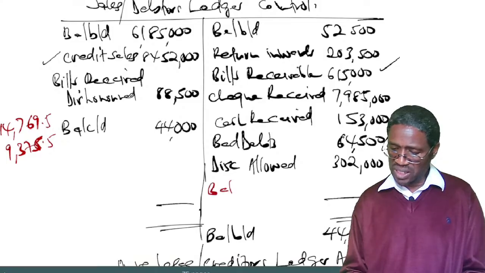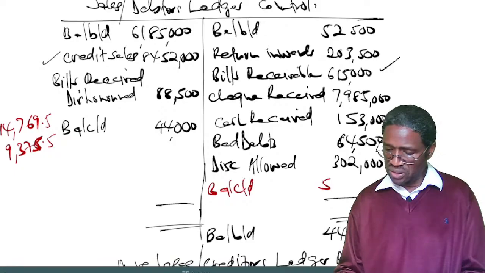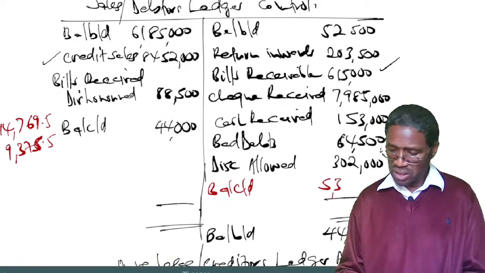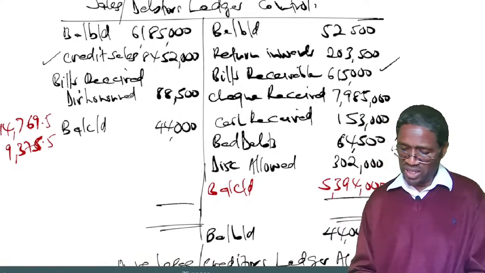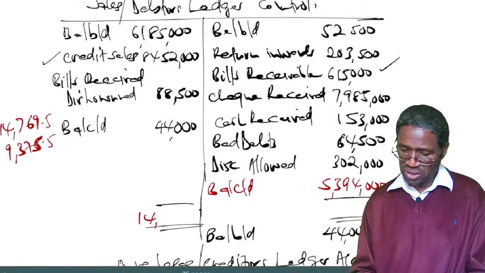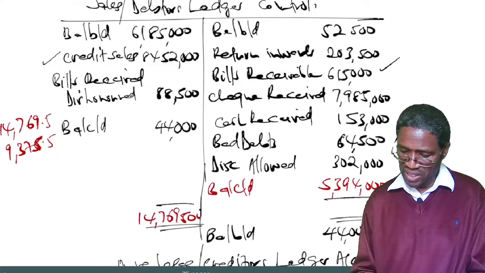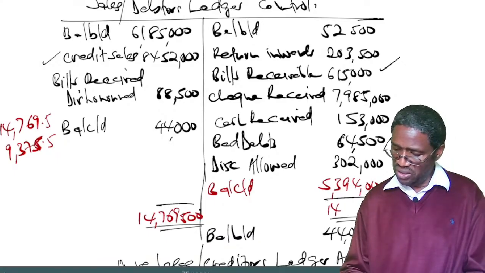Come and see your balance carried down. We are getting 5,394,000. Good. To get that total of 14,769,500.